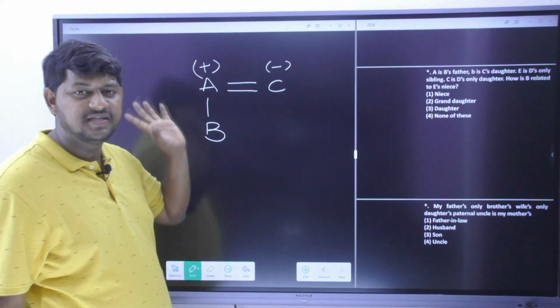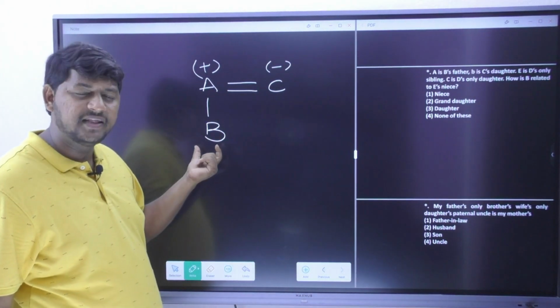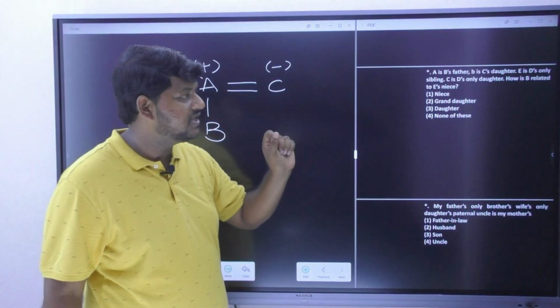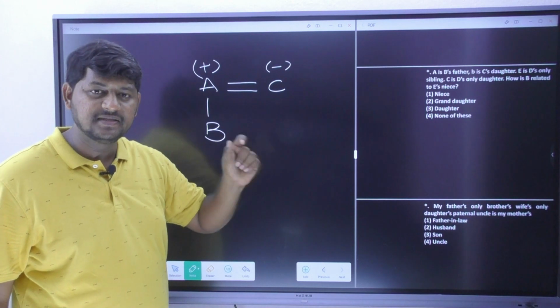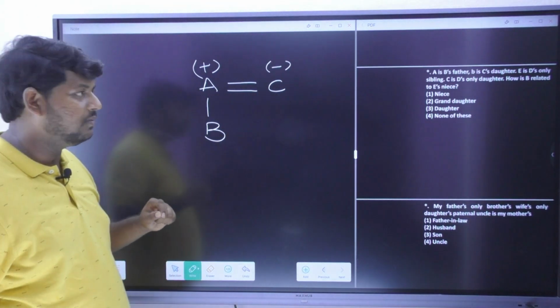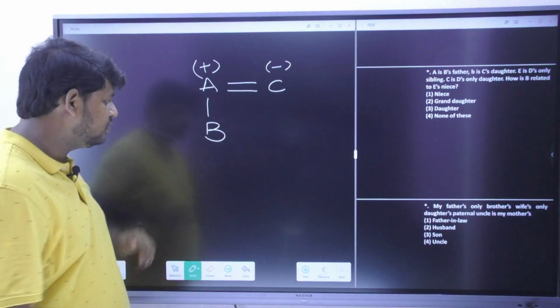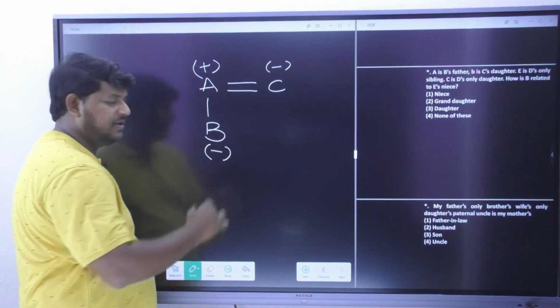Because A is a male. B is either a son or a daughter of A. Now it is clearly mentioned B is C's daughter, so obviously C and A must have got married to each other. Now you can confirm the gender of B as female, correct?